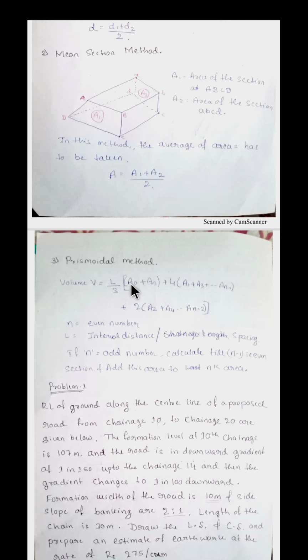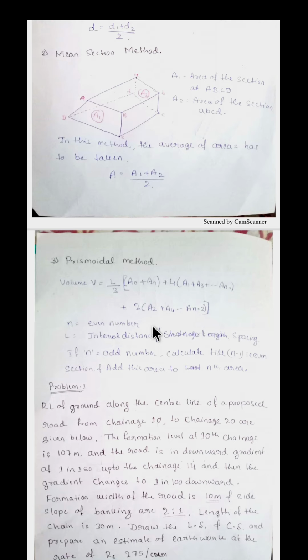This is applicable for an even number of sections, n equal to 2, 4, 6, 8, 10, 12 and so on. If you get n equal to an odd number, then you should apply the formula up to n minus 1.